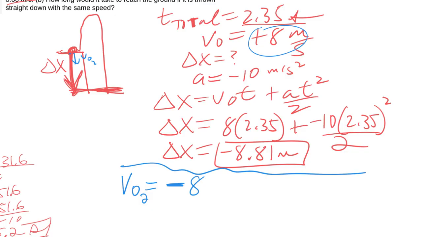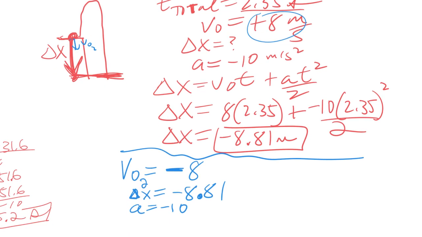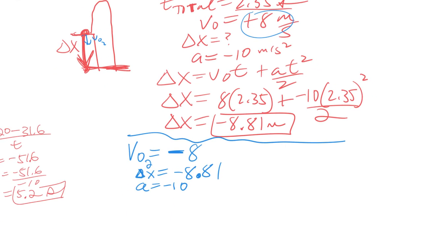All the rest is going to be the same. Delta x is still negative 8.81. A is negative 10, even though he threw it down. After it left his hand, there was no other force acting on it. And that's all I need.